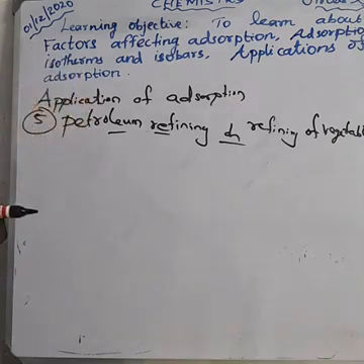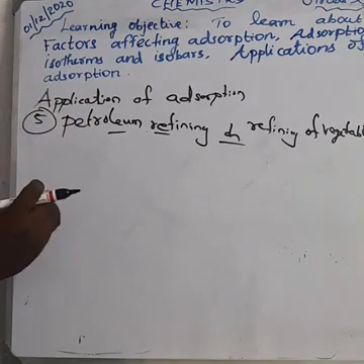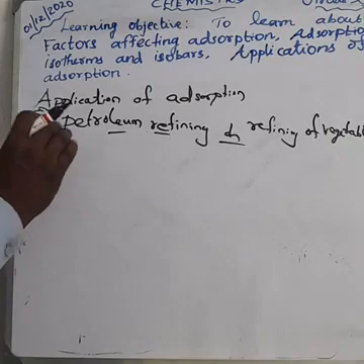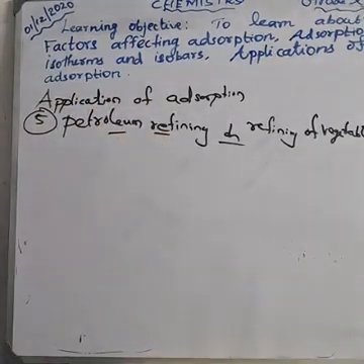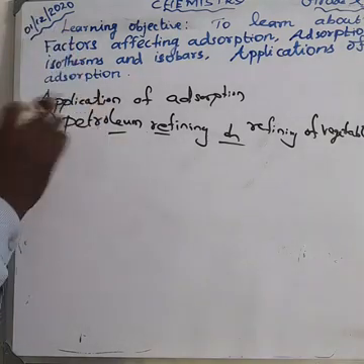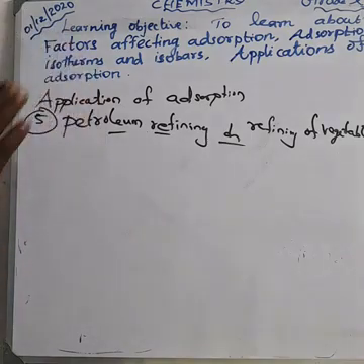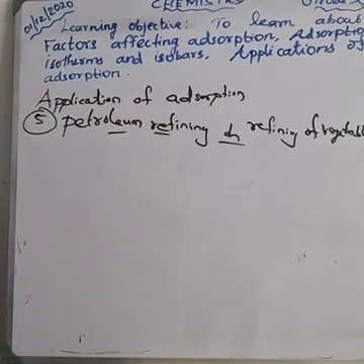Here fuller's earth, that is aluminosilicate. The aluminosilicate and silica gel, these two components, are used for the refining process.